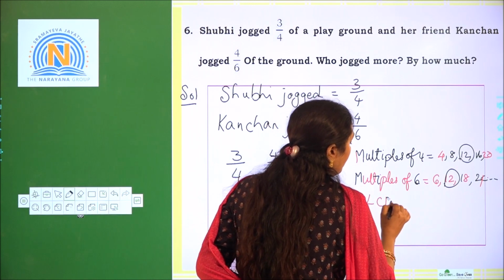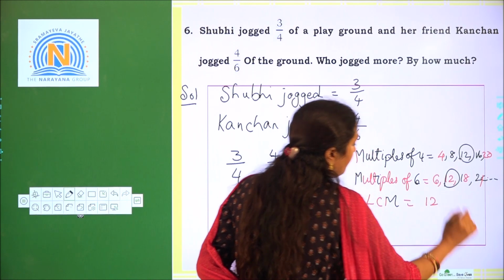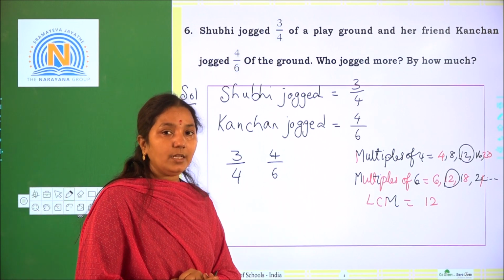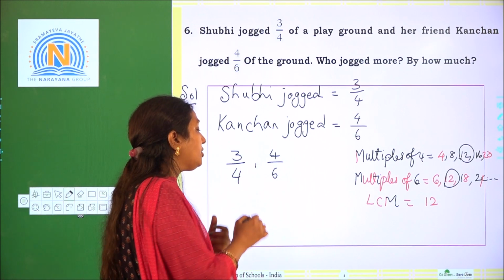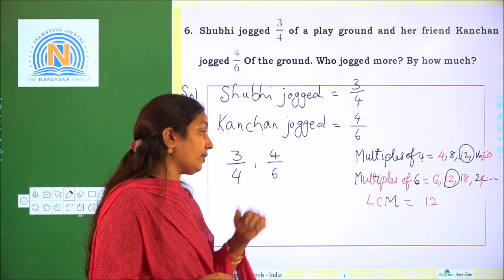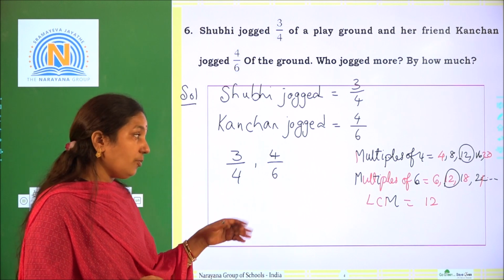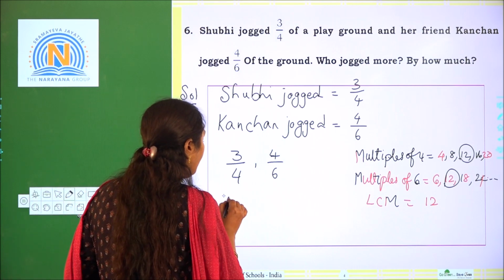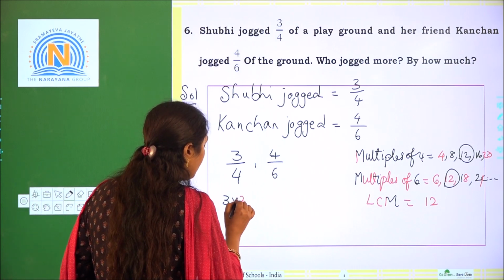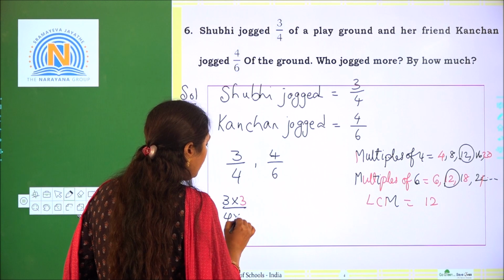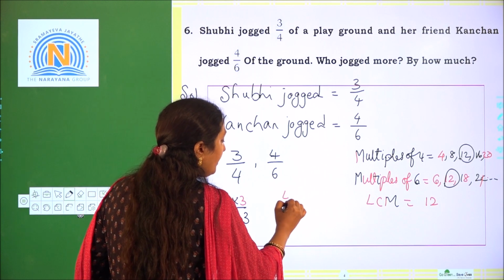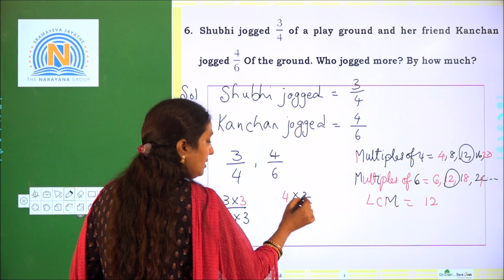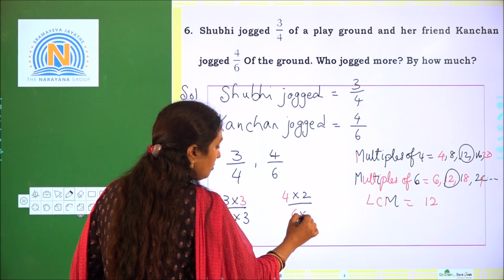The least common multiple is 12. That means we have to convert 4 to 12 and 6 to 12. How many 4s are there in 12, children? 3 times. So multiply 3 into 3 by 4 into 3. How many 6s are there in 12? 2 times. 4 into 2 and 6 into 2.